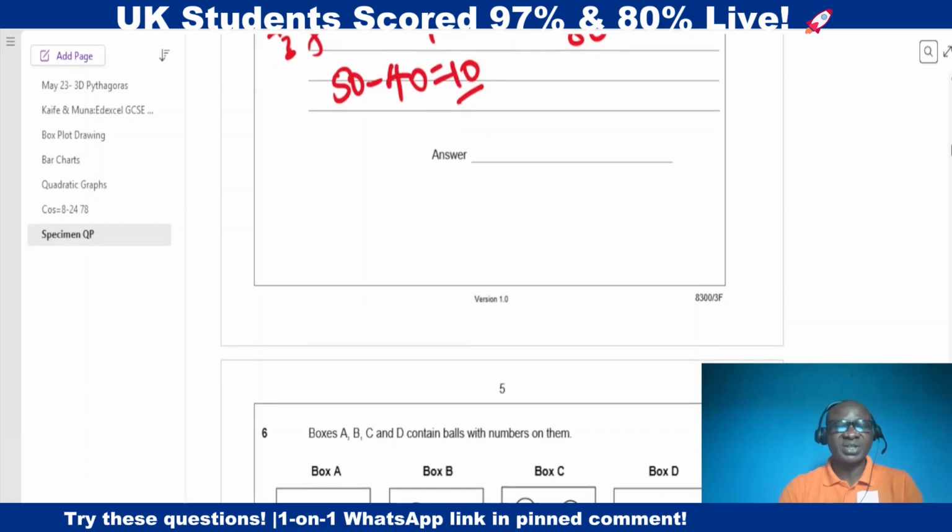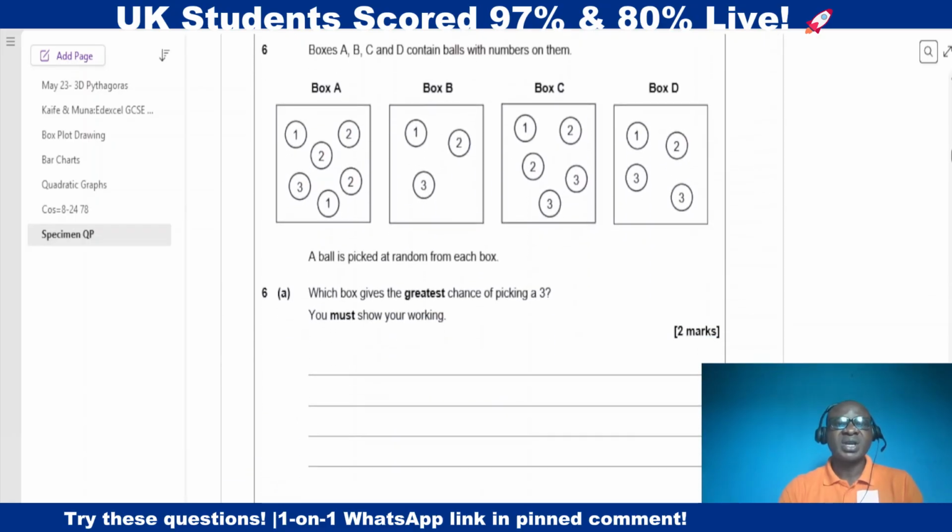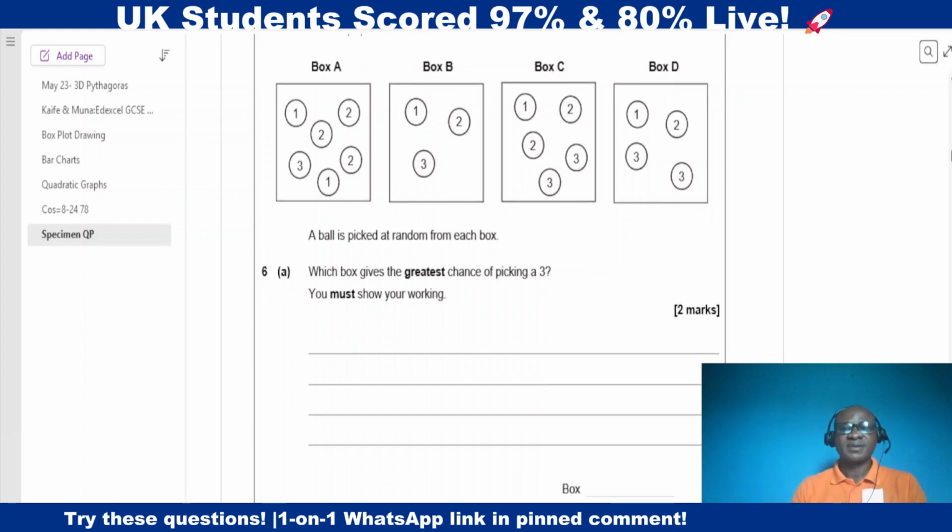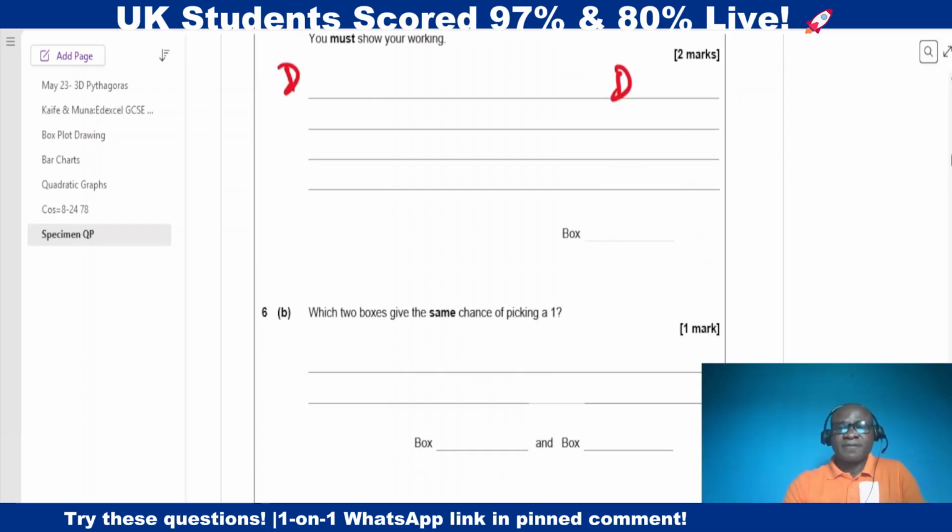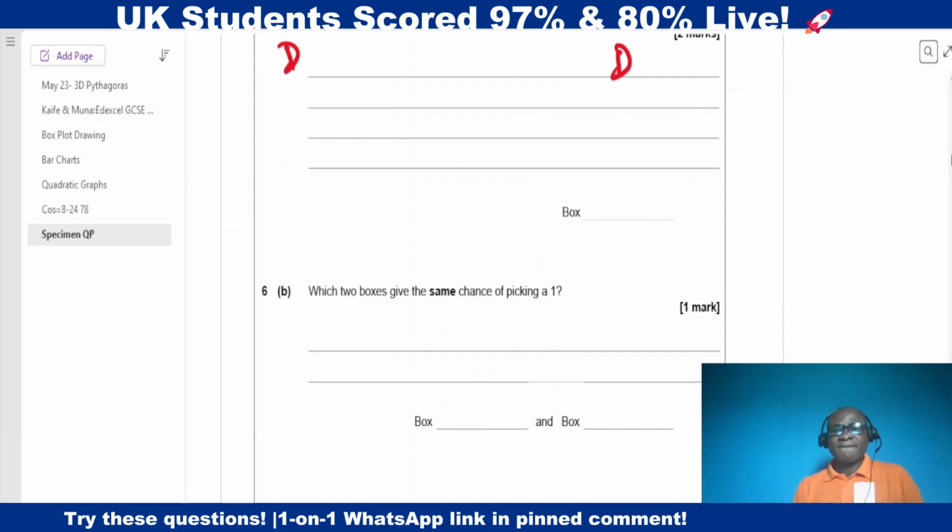Question number 6. Mona, give me your answer first for 6A. 6A is D. And Kaife, your 6A is what? 6A is D. Okay, Mona, what is your answer to 6B?